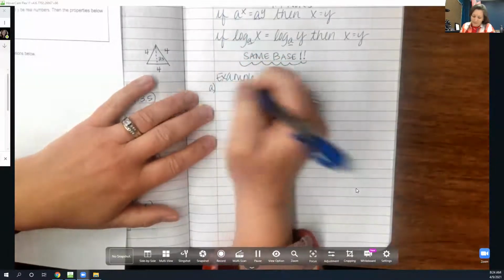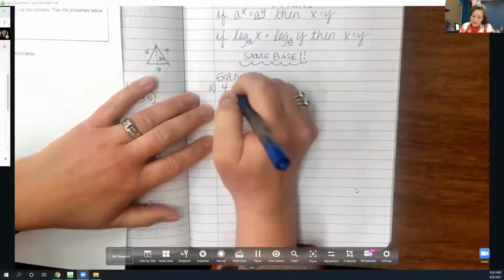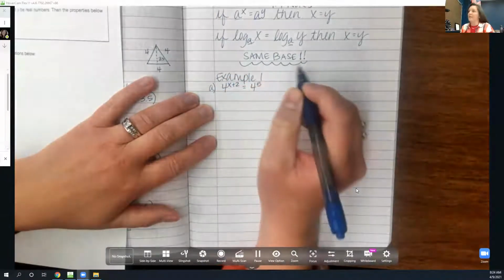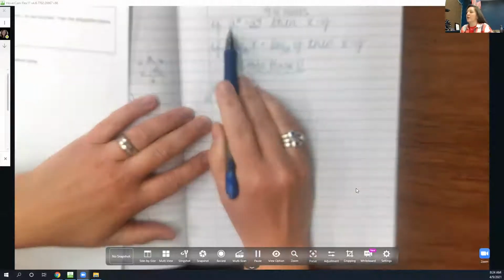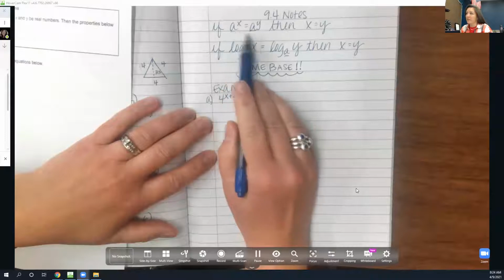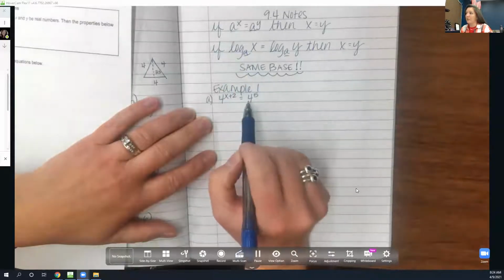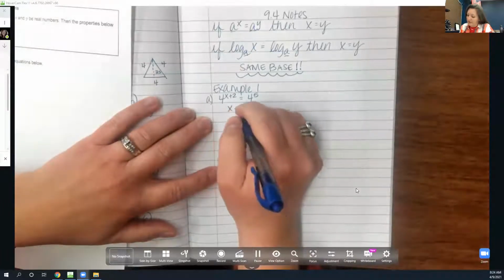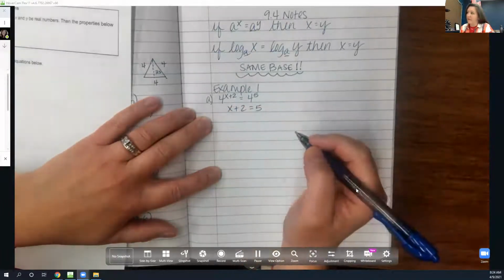Here's A. It says 4 to the x plus 2 equals 4 to the 5. It's going to follow our rule up here. Our bases are the same, they're both 4, so my exponents are going to be equal to each other. x plus 2 equals 5.